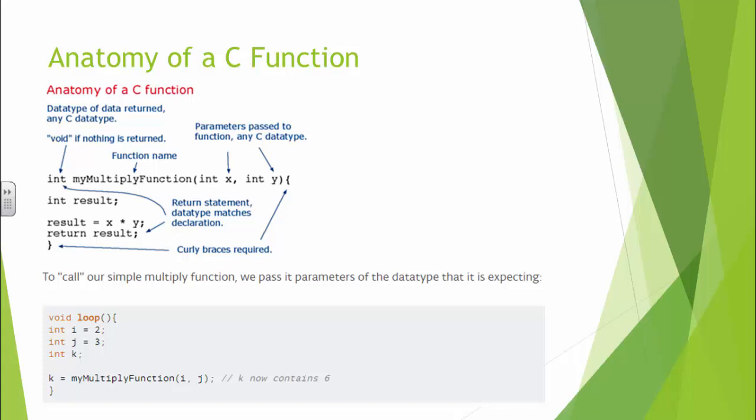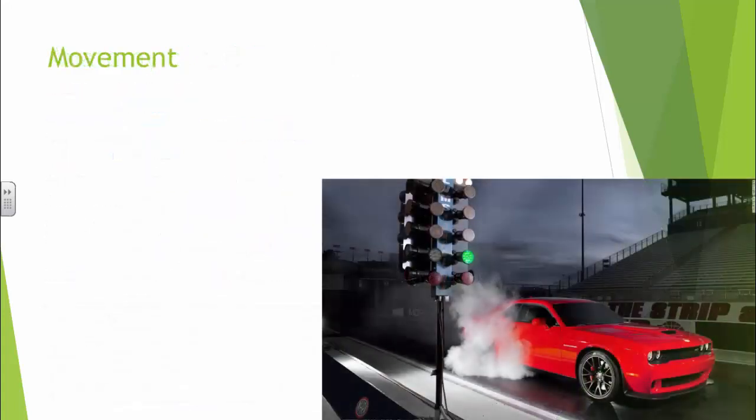Our given function, if it has nothing to return, by the way, then it will have this void at the front. Okay, so there's the basics of a function. You may have written some in that previous activity, you may not have. We're going to use those functions today.